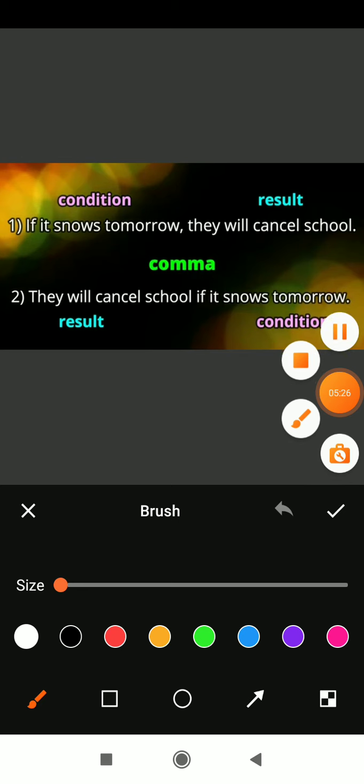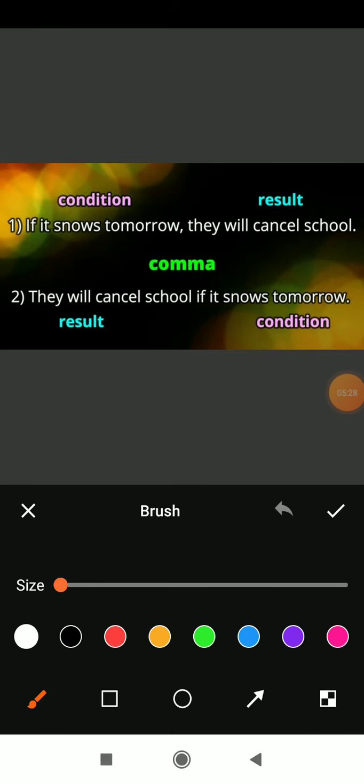We had one example: if it snows tomorrow, they will cancel school. This part is the condition and this part is the result. If it snows is an assumption. What is the result of it? Cancelling of the school. Is it or no?